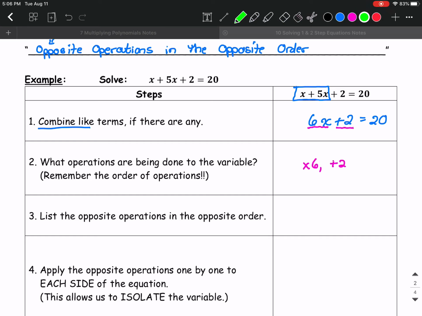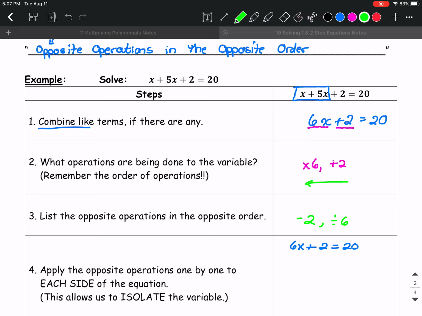Now we want to do the opposite operations in the opposite order. So we're going to work backwards. What's the opposite of adding 2? That's subtracting 2. What's the opposite of multiplying by 6? That's dividing by 6. So when we go to solve, we're going to take this equation, 6x plus 2 equals 20, and do the opposite operations in the opposite order.